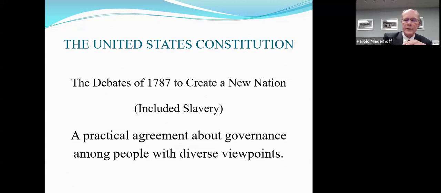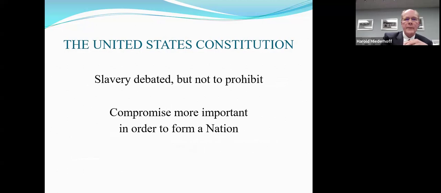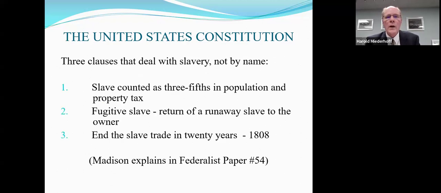And slavery was contentious, but there was really no effort to prohibit it in the Constitution. This was due mostly because the southern states were more involved in the debates than they were at the time of the Northwest Territory. So the focus was more on compromise in order to form the nation, as opposed to trying to prohibit slavery.